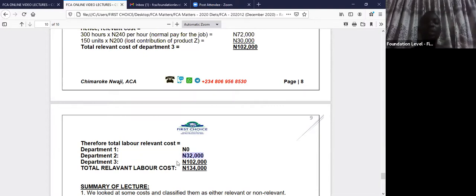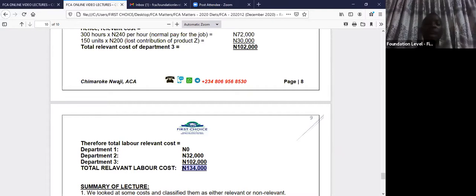In Department 3, they don't want to hire a temporary staff. This is a lost contribution plus the normal job, 102,000. Add them up together, you have 134,000. Now that's the labor charge. This is just the labor charge.